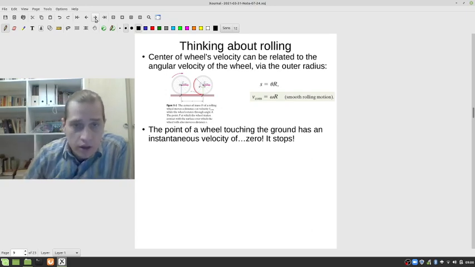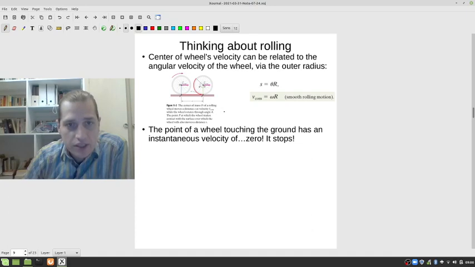Now, I want you to look at this diagram from your book because I think it is helpful. What it's trying to establish is that the distance that my center of mass, the center of the circle, covers per unit time is going to be the same as the distance that is rolled through the bottom of this.